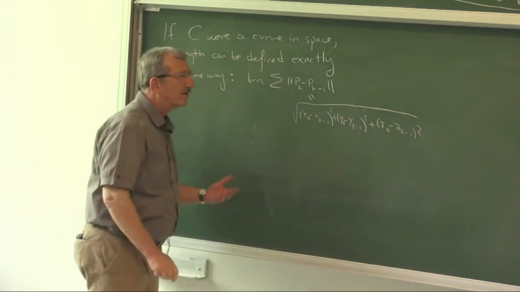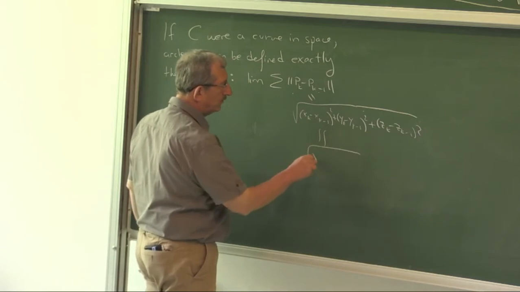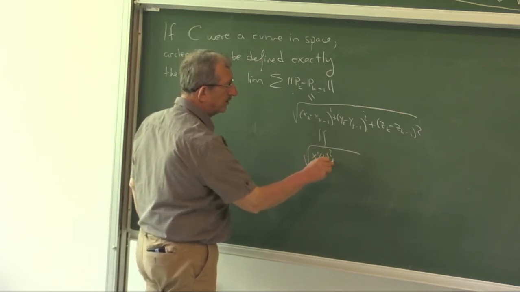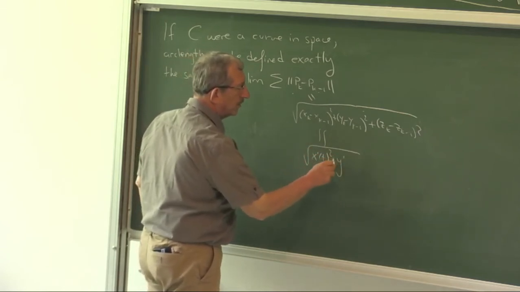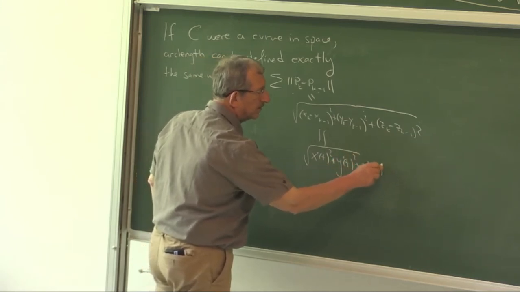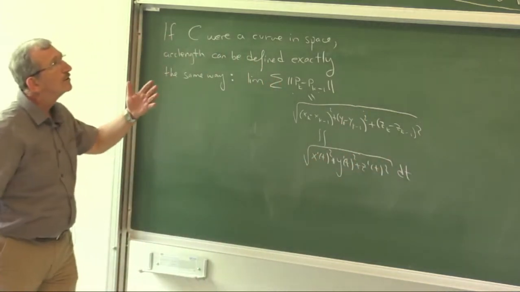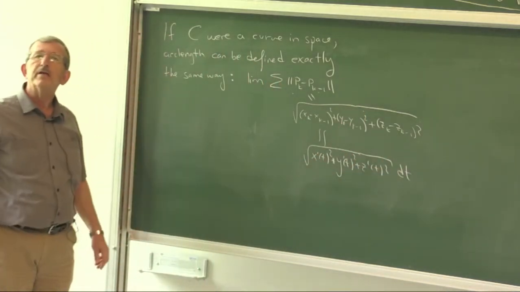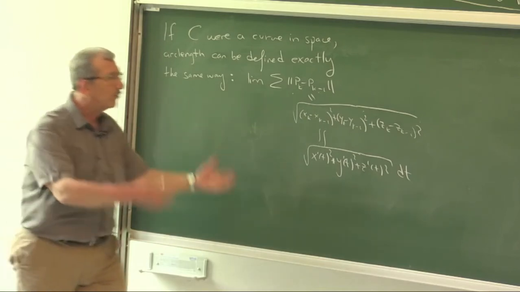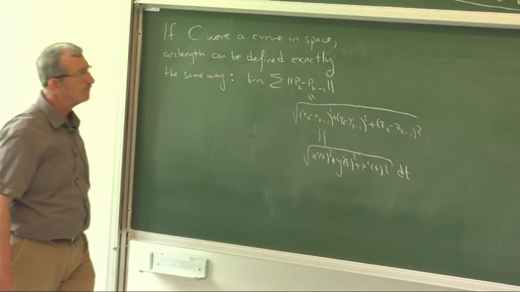And parametrically, this would give us the square root of x prime of t squared, y prime of t squared, z prime of t squared, dt as before. So there's no big deal here. We just add one more component to calculate the arc length.